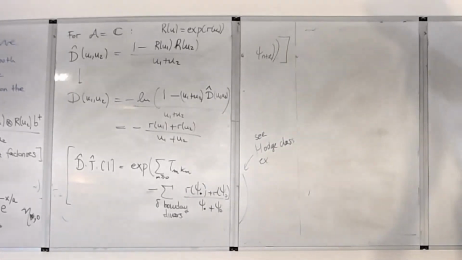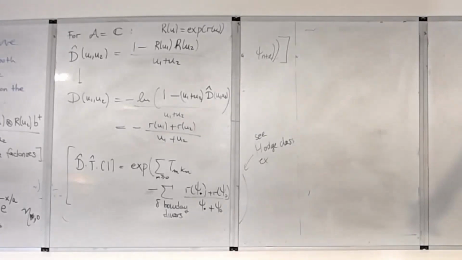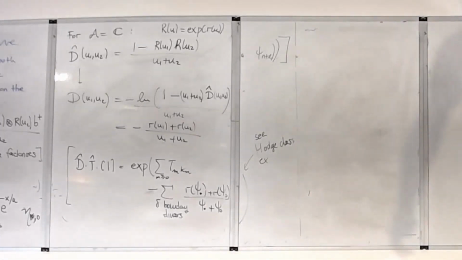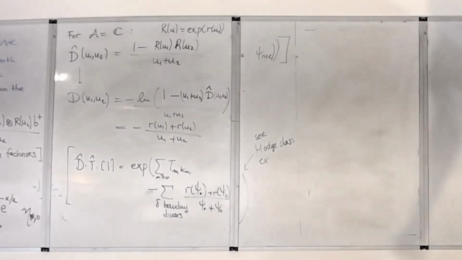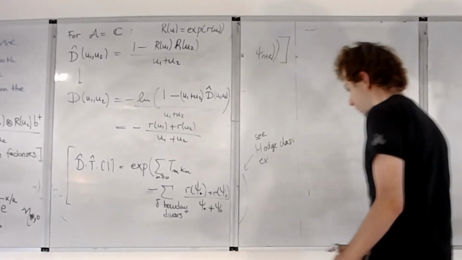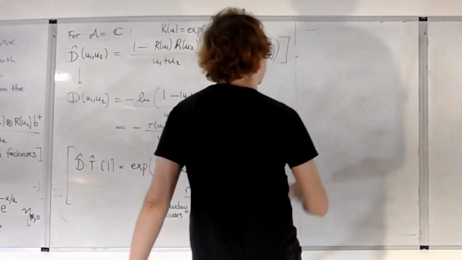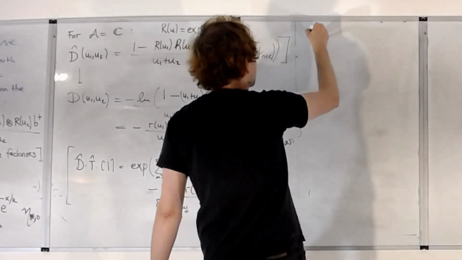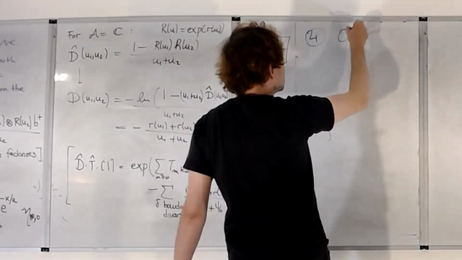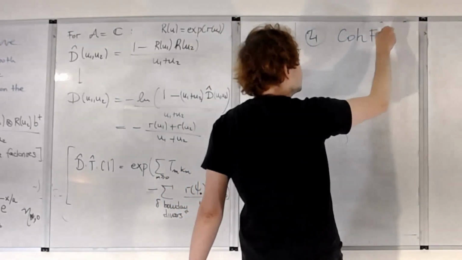It's called cohomological field theory. So I can finally define what is a cohomological field theory. I think it was called CohFT.